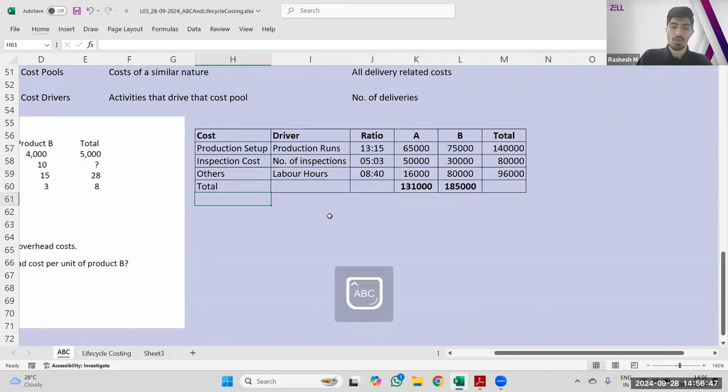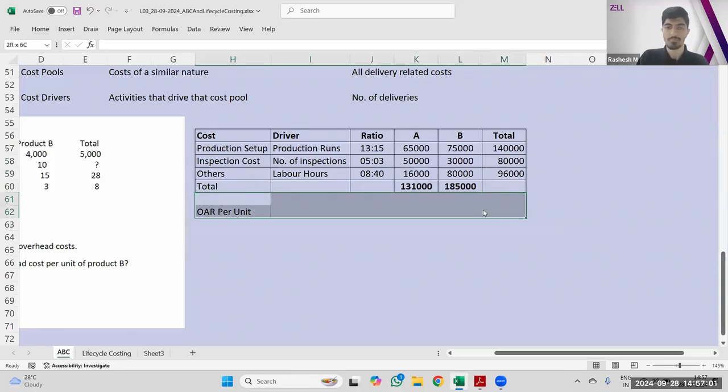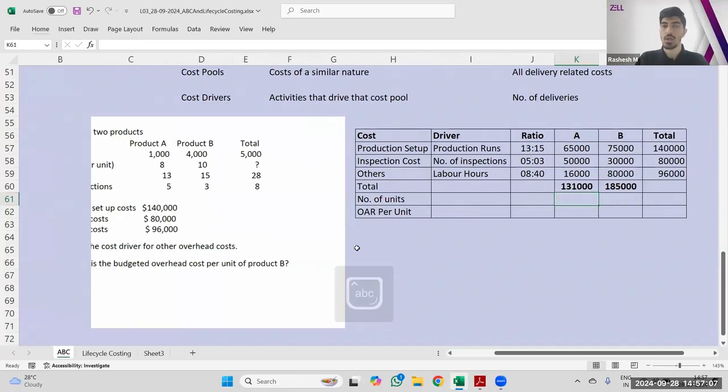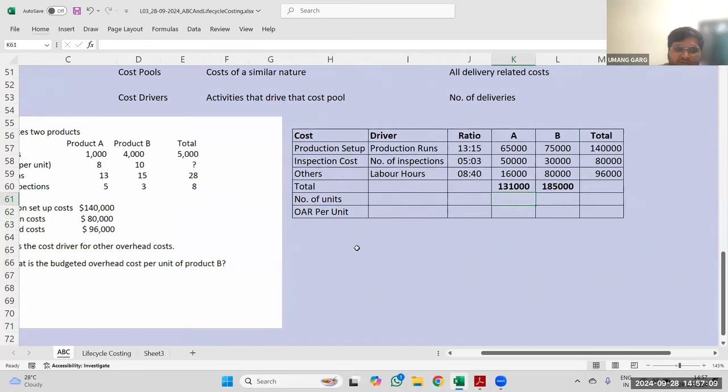And now I need OAR per unit. If I have a total cost and I want a per unit cost, what do I need here? Divide by number of units. So how many units of A? 1,000.